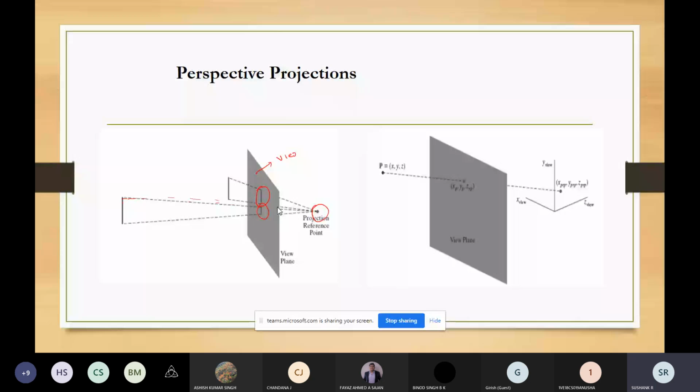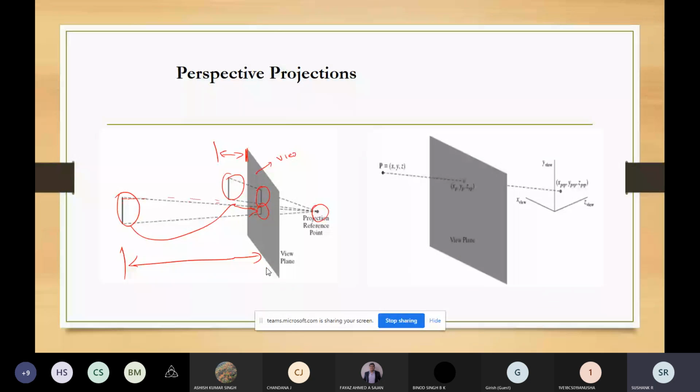So the distant objects are smaller when compared to the objects that are nearer to the screen. Here you can see this object will look smaller on the screen compared to this object, because the distance between the view plane and this object is very small compared to the distance between the view plane and the other object. This is how perspective projection works.